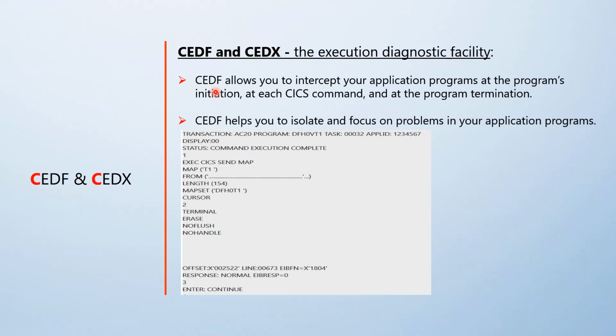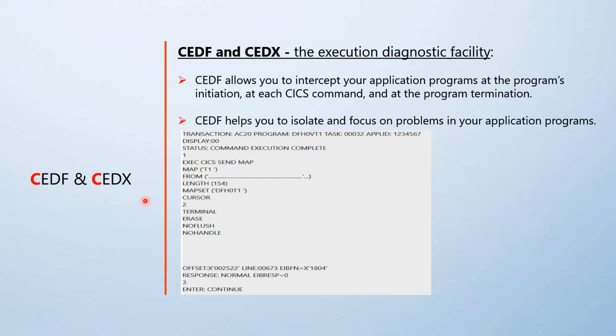Everything we discussed for CEDF applies to CEDX, but the only difference is that it is used for non-terminal based transactions. If you know the transaction name, you can use CEDX, space, transaction name.